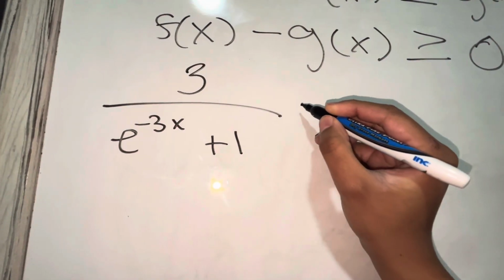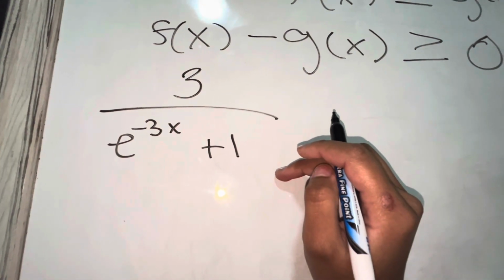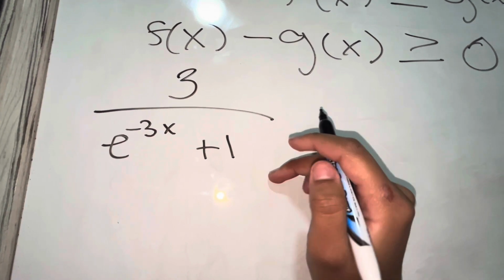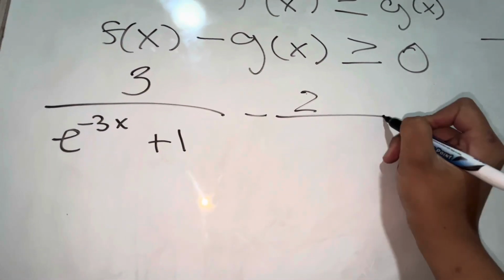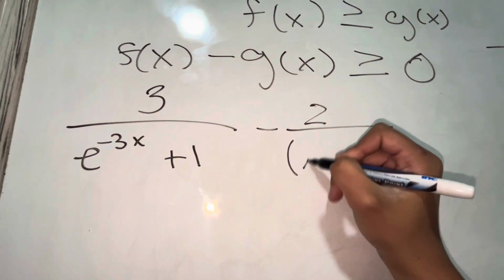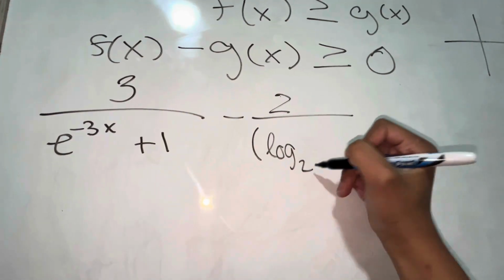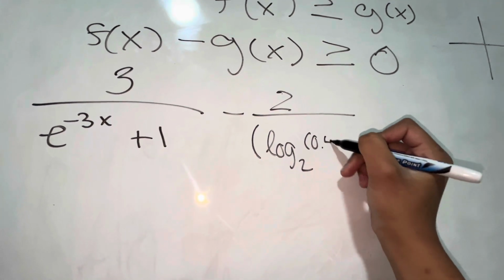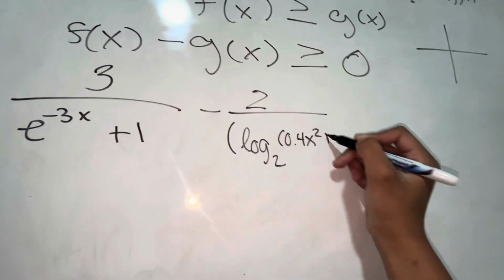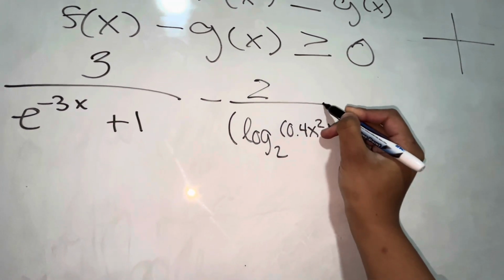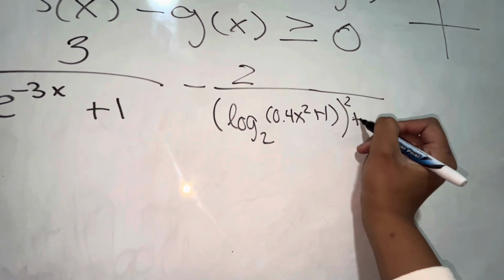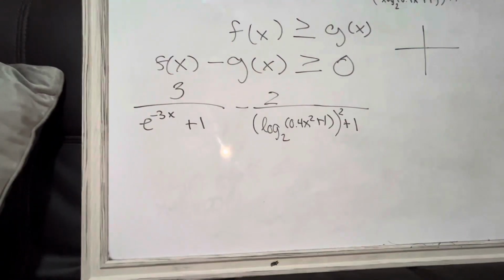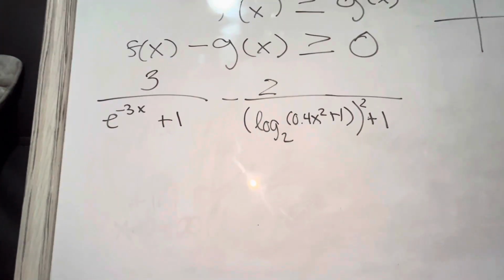So f of x is 3 over e to the power of negative 3x plus 1. And if we're subtracting g of x, it would be 2 over log base 2 of 0.4x squared plus 1, all of it squared and plus 1. So that's how you would write it out.